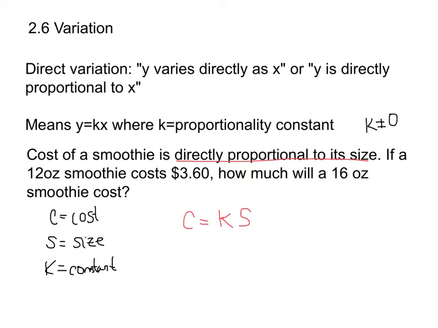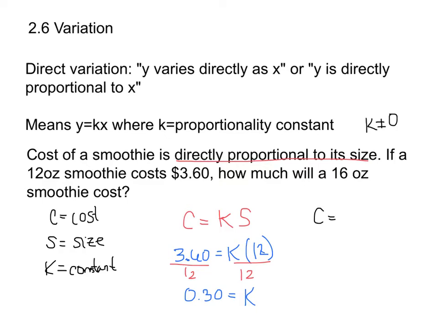So if you think about what we know, the cost of a 12-ounce smoothie, so the cost is $3.60. And it's equal to the constant of variation times its size, which in this case is 12. So if we wanted to isolate K, we would divide each side by 12. And we'd get that K is equal to 0.30. That means we can write our more specific variation equation.